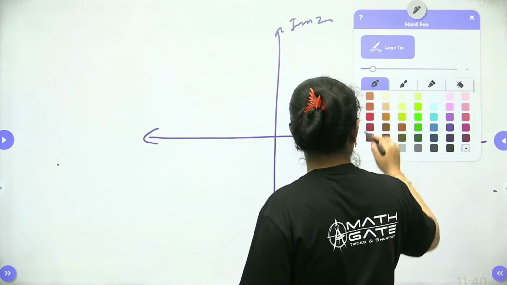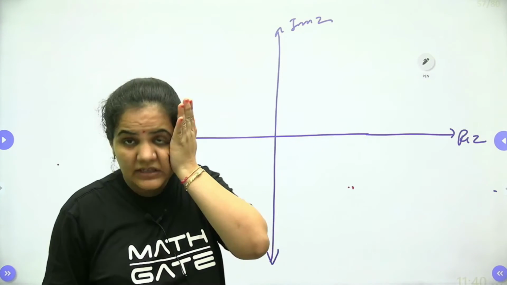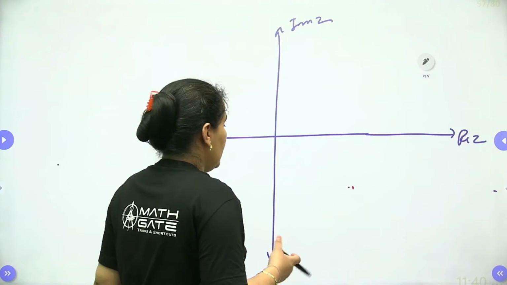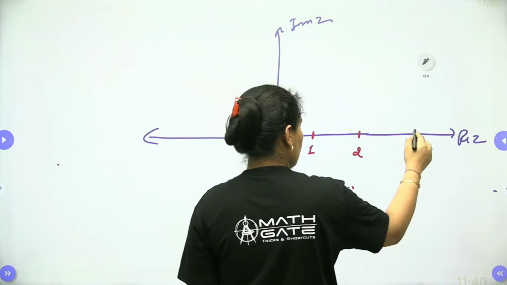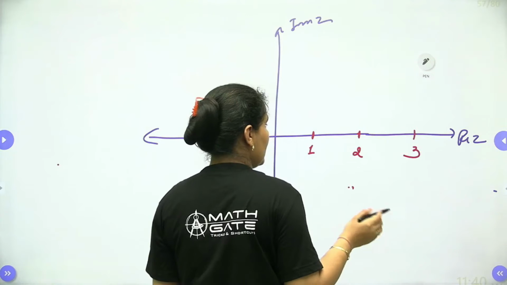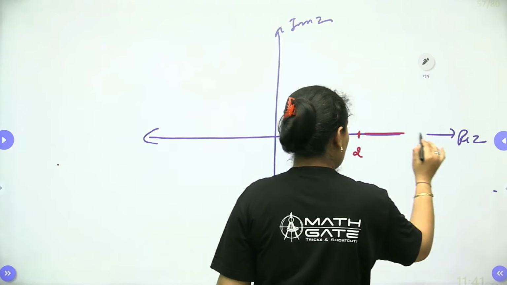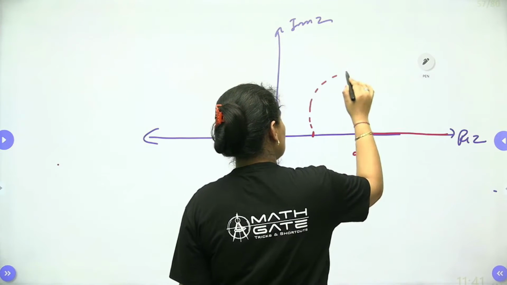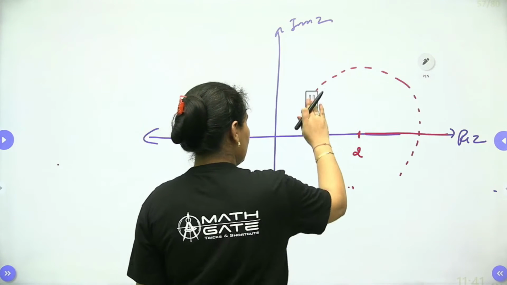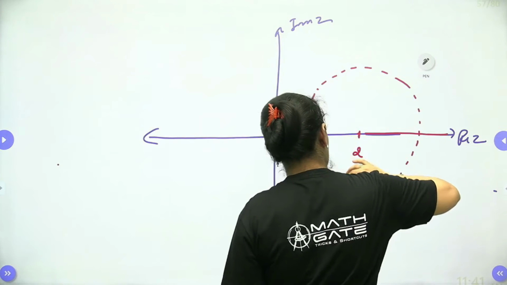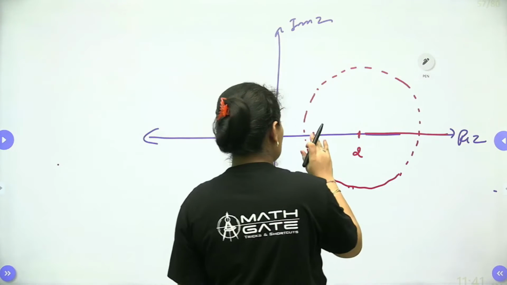So here we have the center at 2 and the radius equal to 1 by 2. Suppose it is 1, 2, 3. So I have to make a circle whose center is at 2 and radius is equal to 1 by 2. Suppose this is my circle, and the radius is 1 by 2 only.